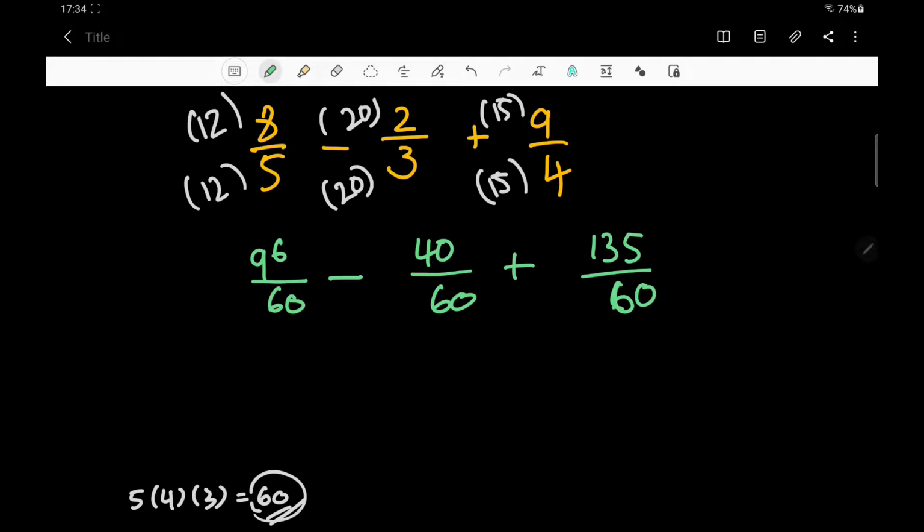Now 96 minus 40 is positive 56 over 60, plus 135 over 60. Let's go ahead and add these 2 fractions.